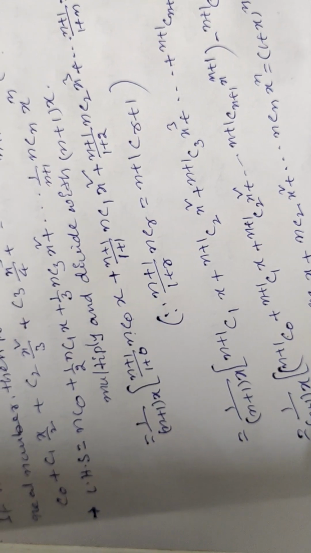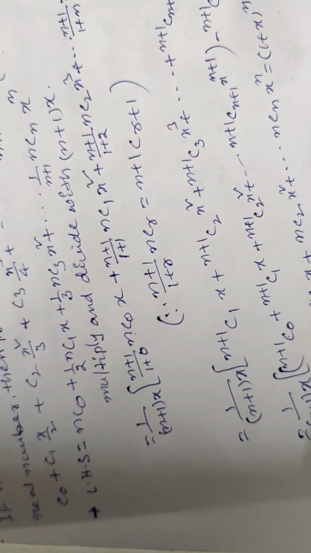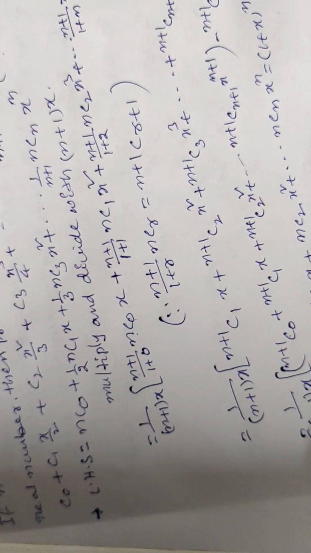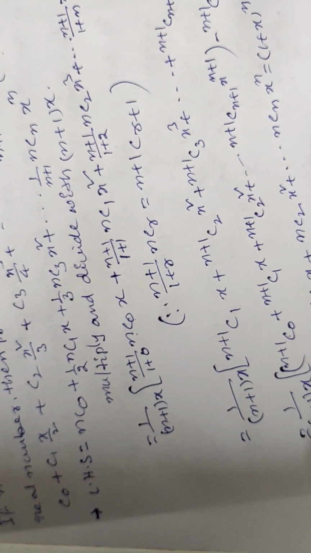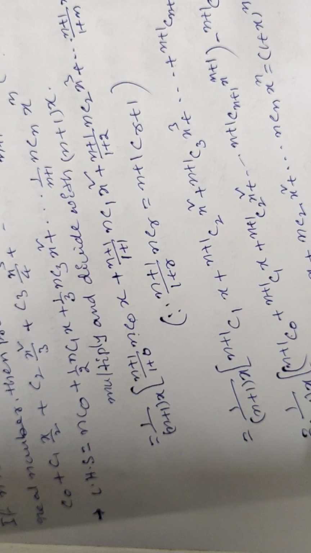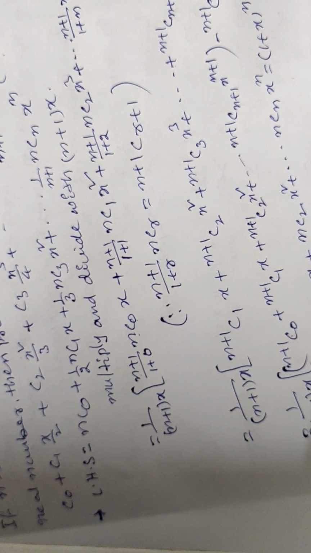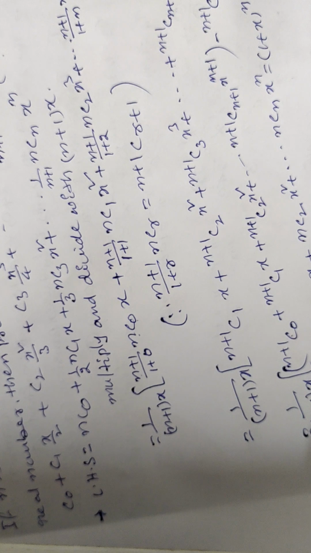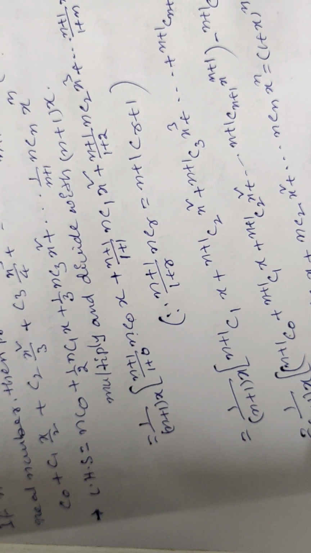We can write C1 as nC1, C2 as nC2 and so on. That is nC0 plus 1 by 2 into nC1 into x plus 1 by 3 into nC2 into x square plus and so on, 1 by n plus 1 into nCn into x power n. Multiply and divide with n plus 1 x.